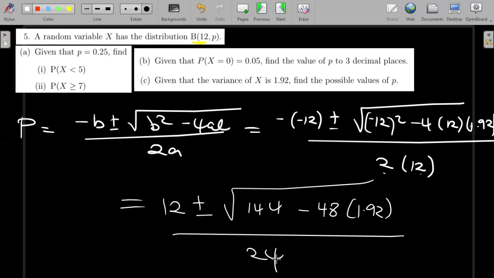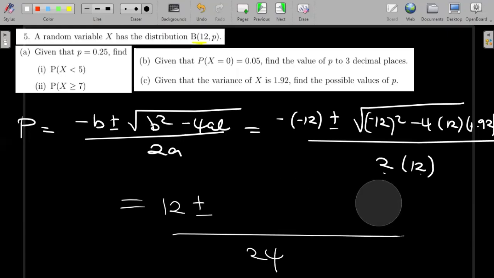So on top there now, I can subtract these and then take the square root. When I do that on my calculator, I subtract that and then take the square root, I'm getting 7.2, and then divided by this.